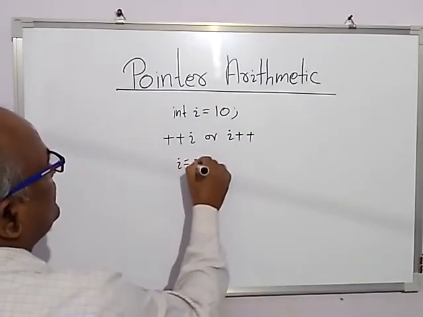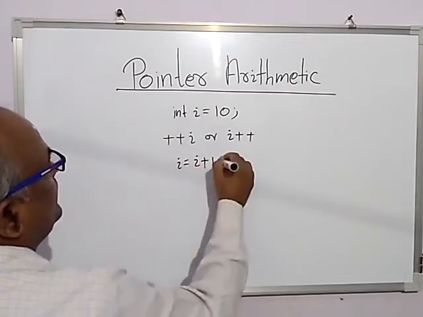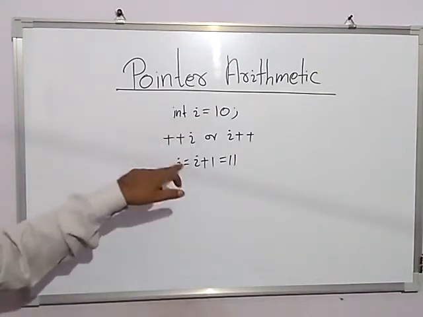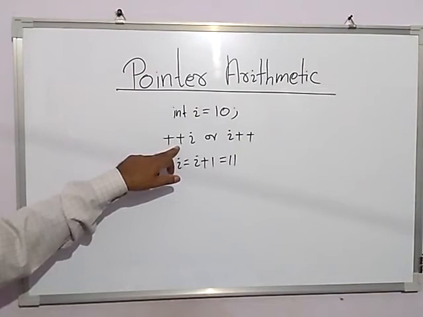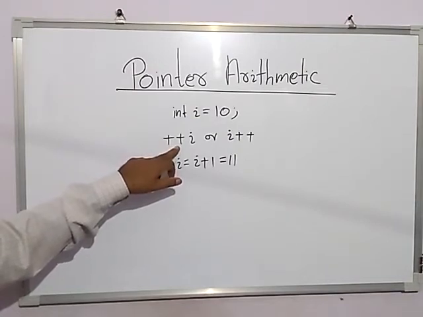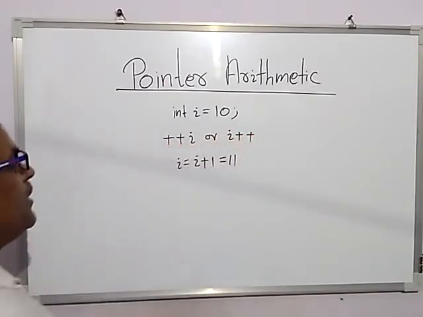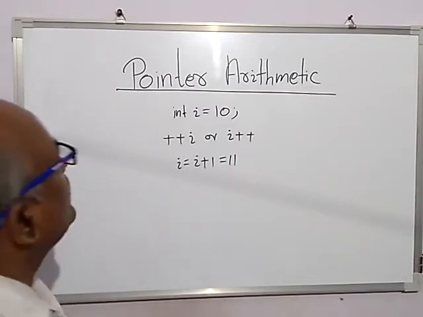That is i = i + 1, that means this is equal to 11. So if i equals 10 and you use the increment operator, either pre-increment or post-increment, ++i or i++, it increases the value of the variable by 1.